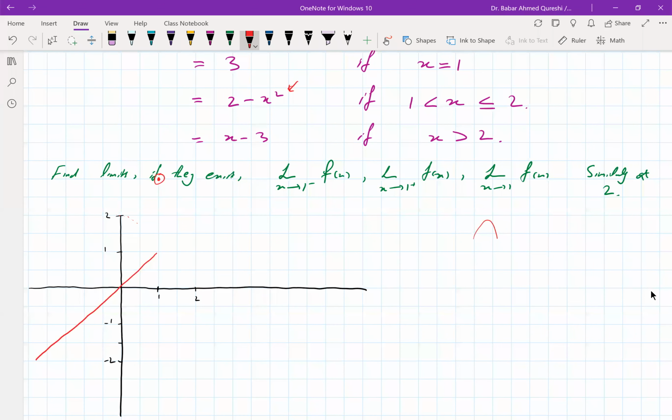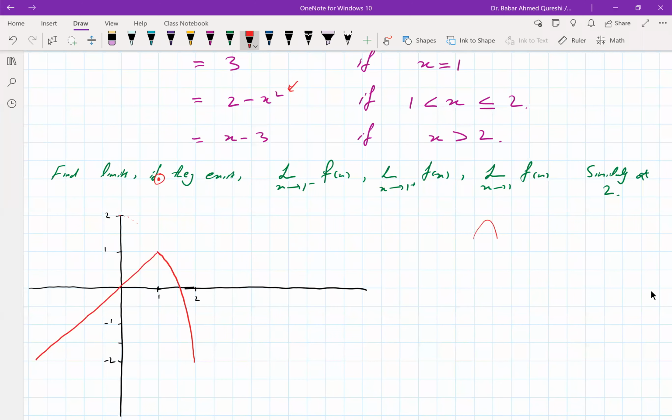And at x is equal to 2, it gives me 2 minus 4, which is minus 2. So it's like a parabola going like this. I shouldn't draw it like a line. Let me try to make it a bit more curved. Yeah, that's how it looks. And this is until it reaches 2.